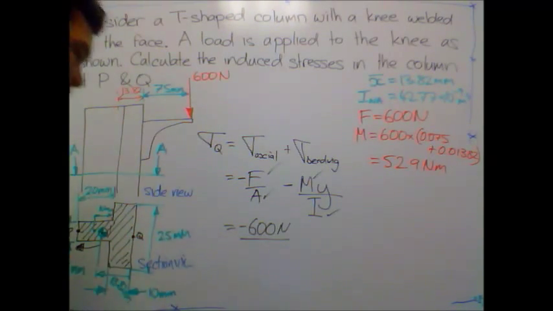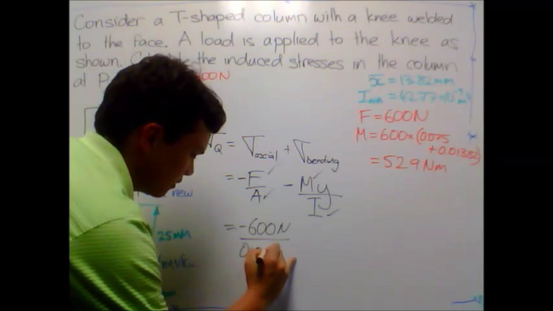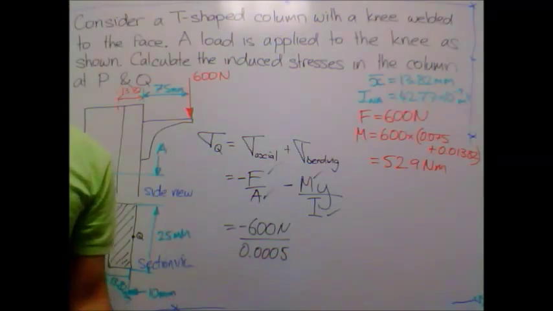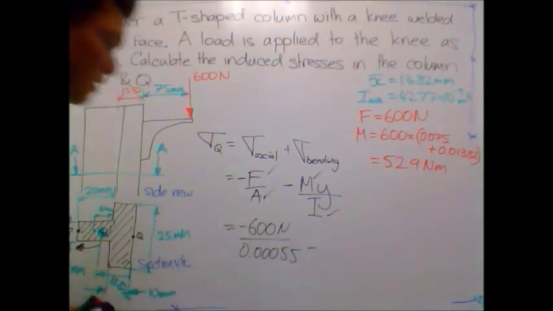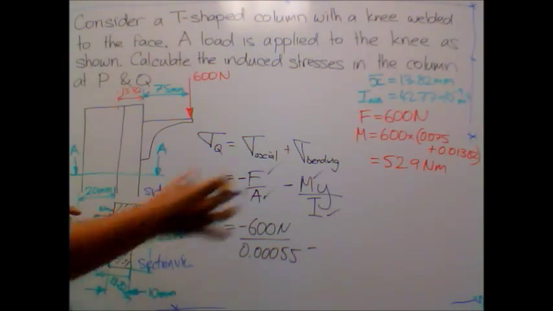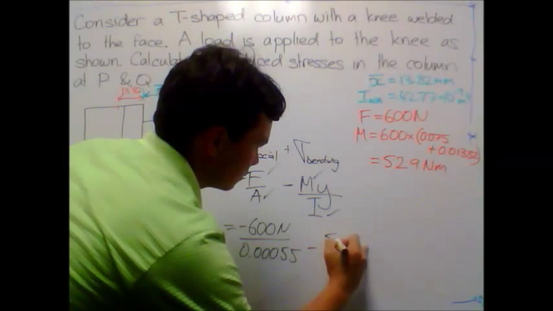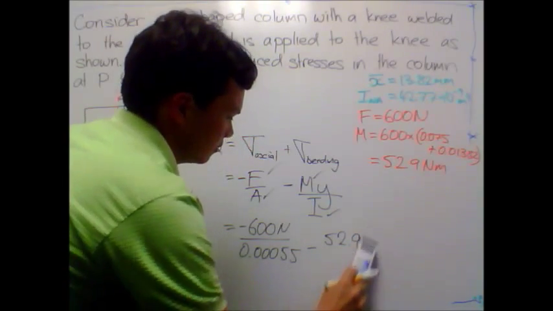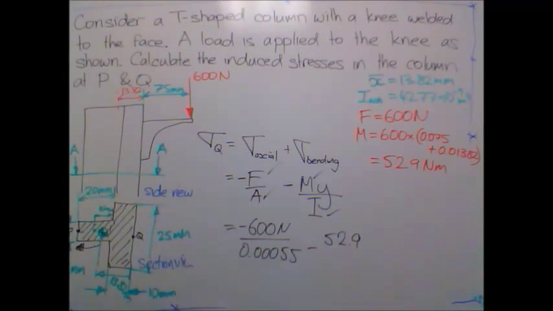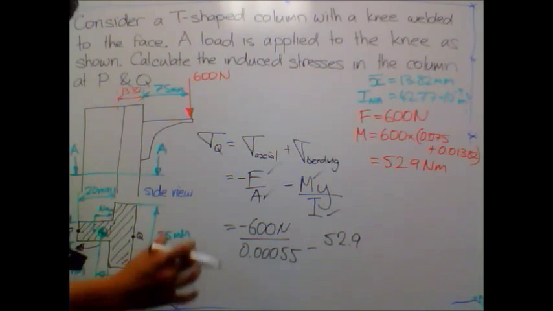Cross-sectional area is 0.00055 minus the bending moment applied, so 52.9 Newton meters. Of course I'm using SI units for all of this.